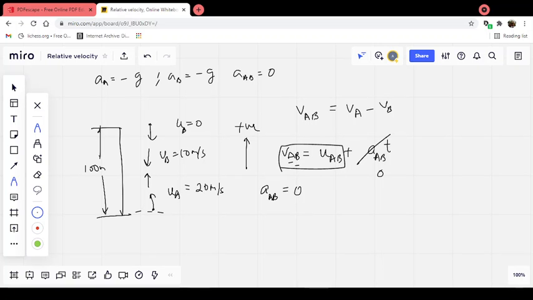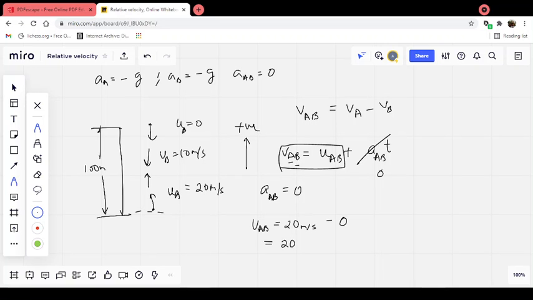So their individual velocities are changing, but because their relative acceleration is zero, that is the sole reason why their relative velocities are not changing. Their relative velocity would remain the difference of their initial velocities. The initial velocity of A with respect to B is 20 meters per second minus the initial velocity of ball B, which is 0.